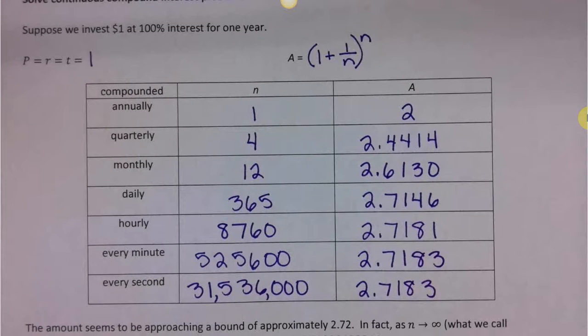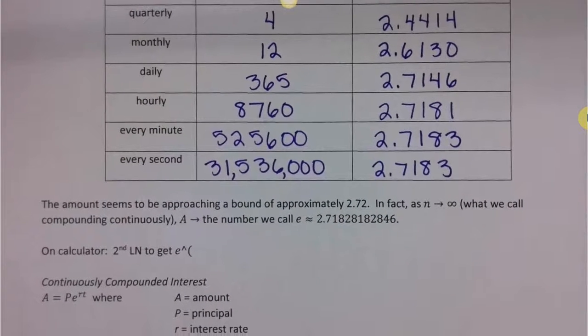So you would think as N continues to get bigger and bigger, A would also continue to get bigger and bigger. But it seems like A is actually leveling off somewhere around 2.72. And in fact, if we let N go off to infinity, which is what we call compounding continuously, A gets closer and closer to this number that we call e, which is approximately 2.7182, and so on and so forth.